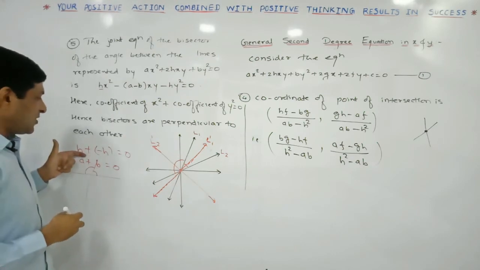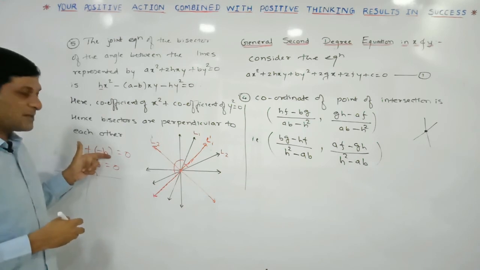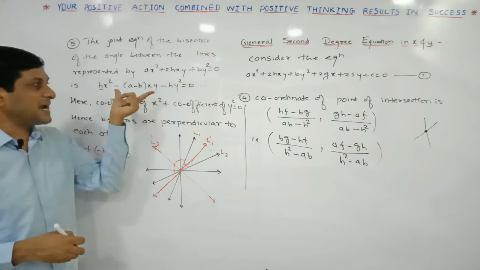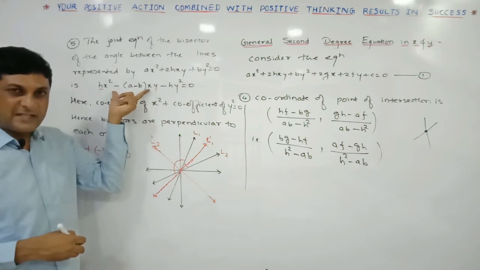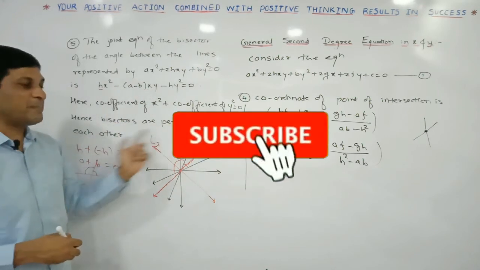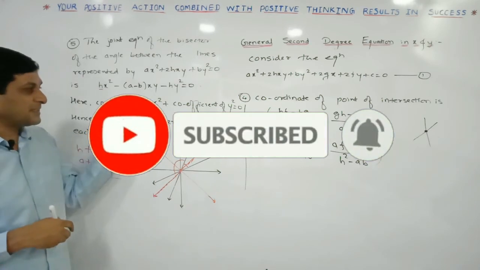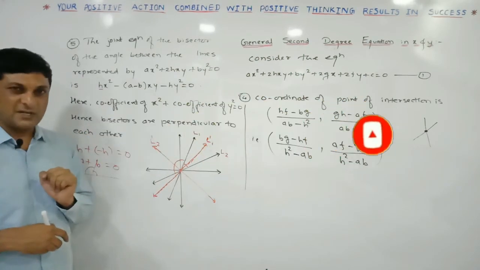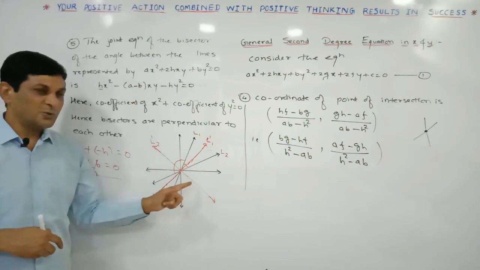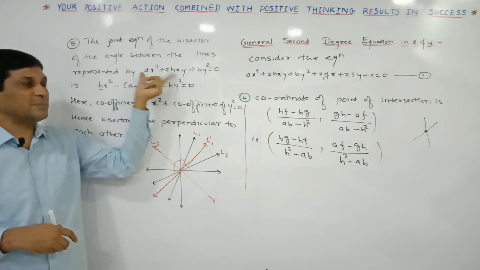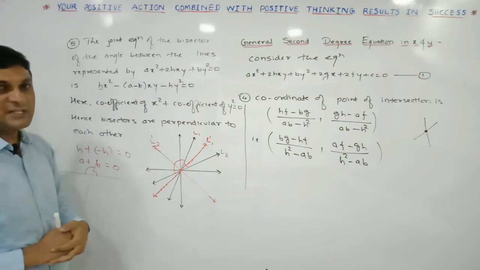Here also the sum of the coefficients of x square and y square is 0. That's why we can say that the lines represented by this equation are perpendicular to each other, or in other words the bisectors are perpendicular to each other, because L1 dash and L2 dash are the lines which bisect the angles between the lines represented by this homogeneous equation.